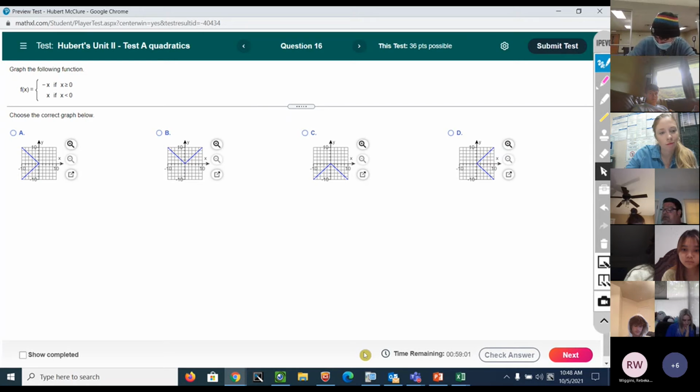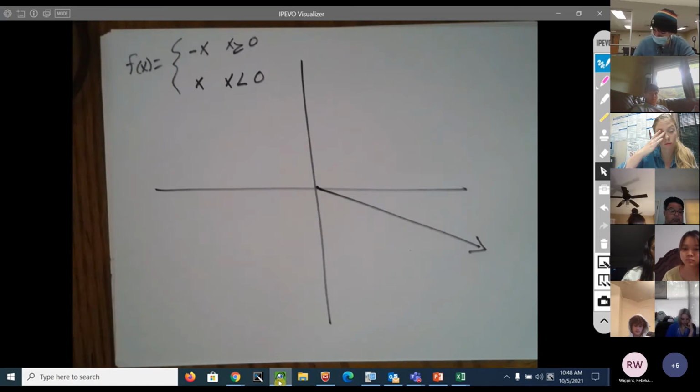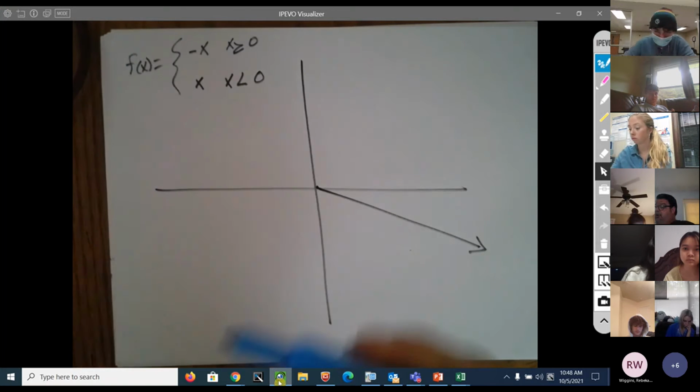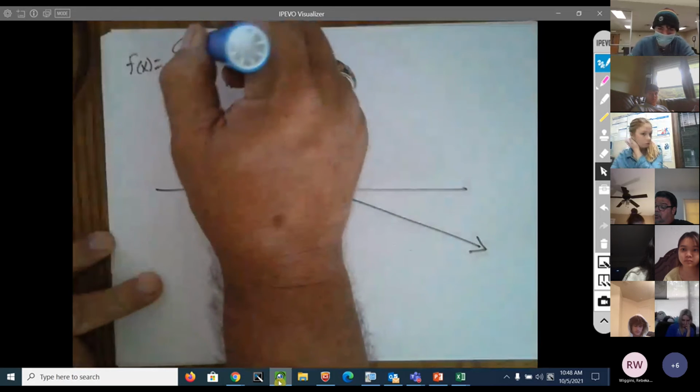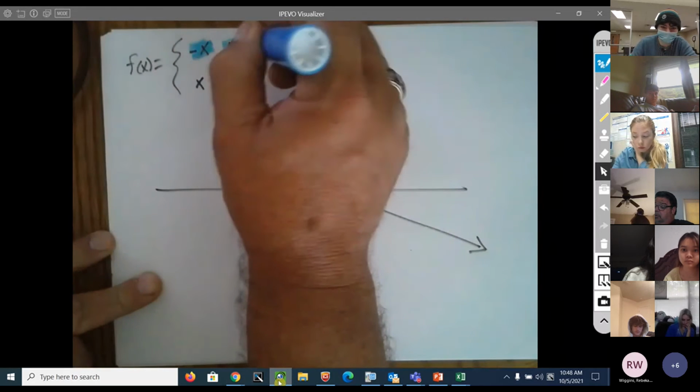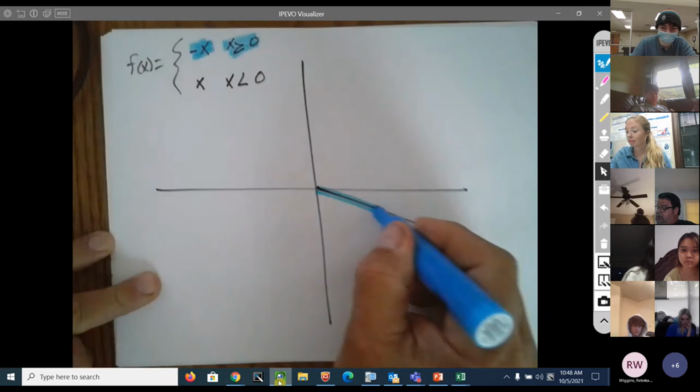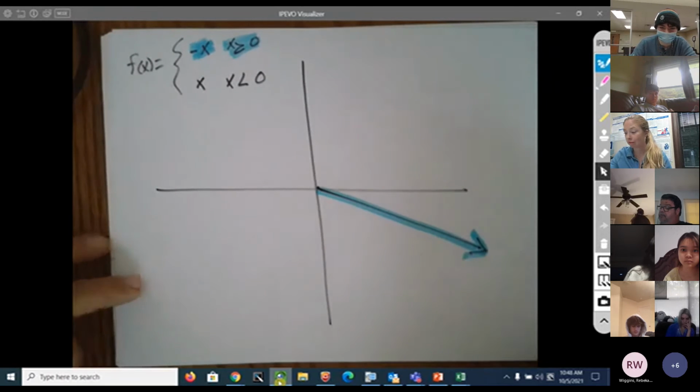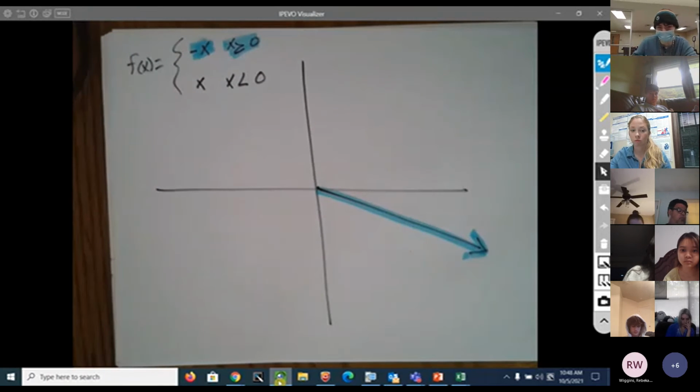So -x is a 45-degree angle, and you've got to use all of your x's that are greater, so it's going to look like this. So I'm going to take that and color that blue. And that's that line right there. And then this is pink.